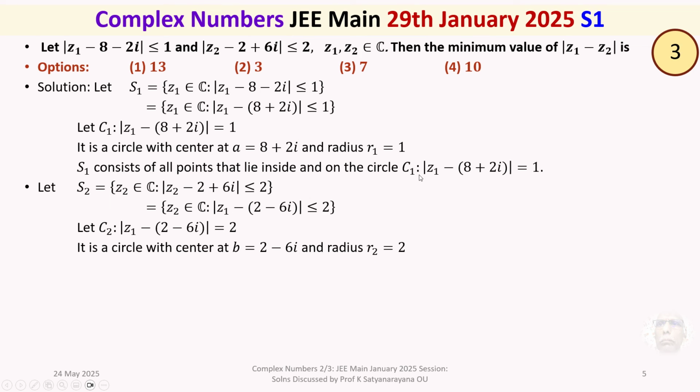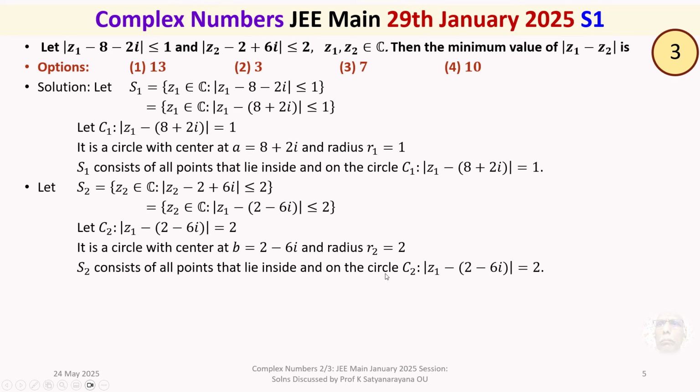The center of C1 is A, we said 8 plus 2i. The radius of C1, R1, we said 1. And the center of C2 is B, we have denoted 2 minus 6i, and the radius R2 is equal to 2. Then what will be S2? S2 consists of all points that lie inside and on the circle C2.